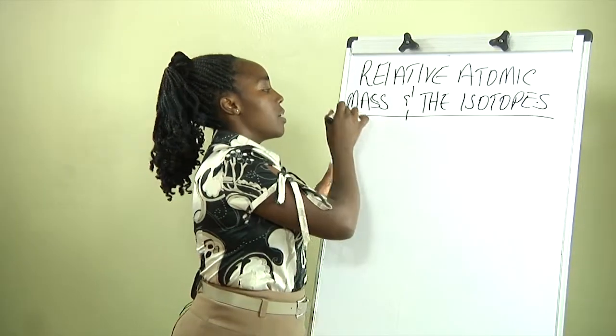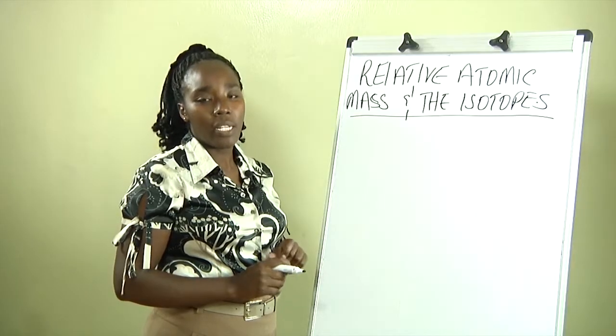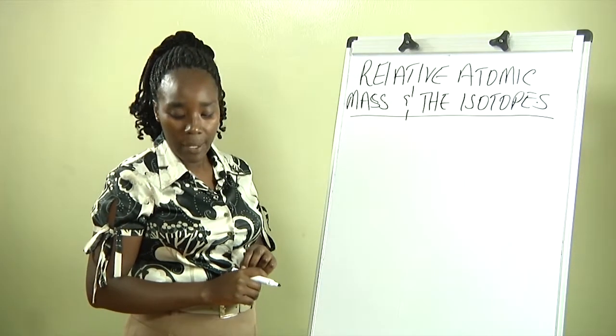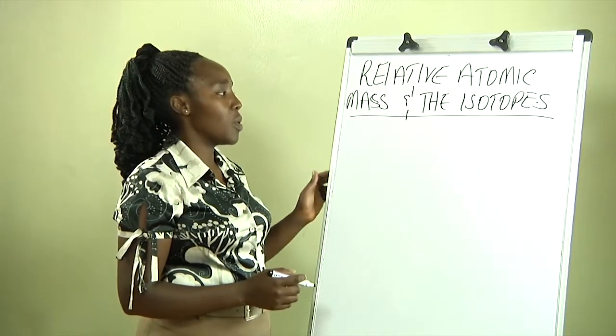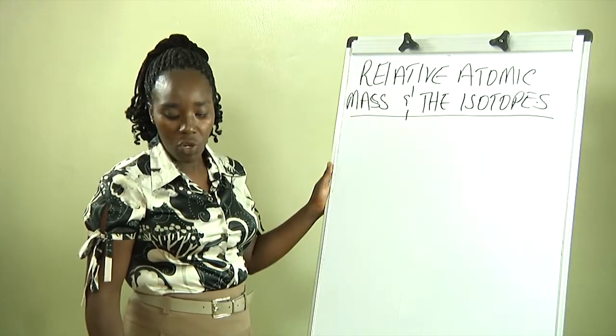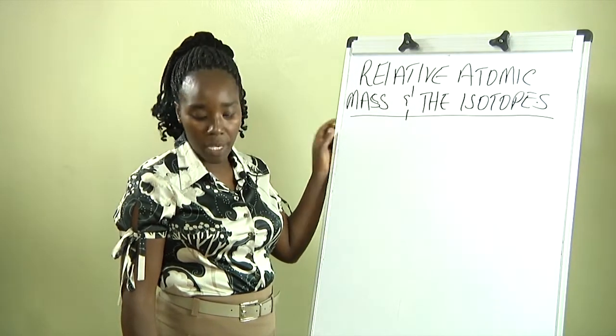Under this topic, in our previous lesson, I taught you how to calculate the relative atomic mass of a particular element, and I left you with an example question as an assignment to try and see whether you are in a position to calculate the relative atomic mass.